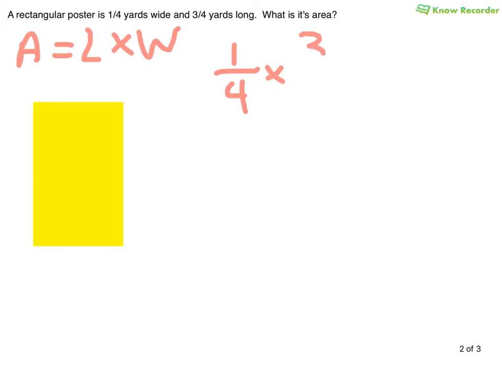Now we should remember that the area of a rectangle is always the length times the width. All right? Knowing that, I know that I will be multiplying a fraction by a fraction.